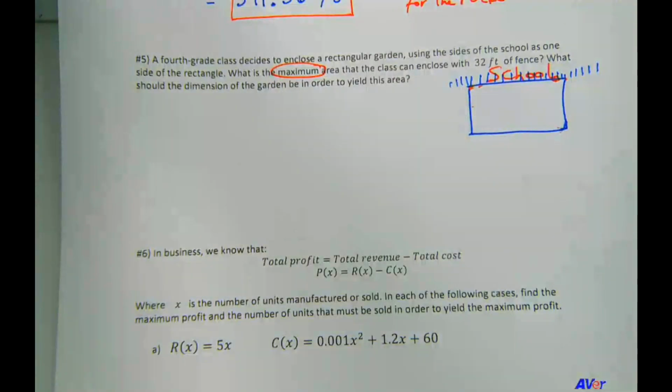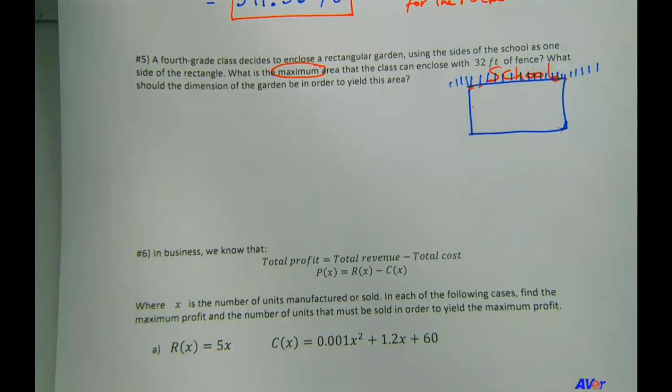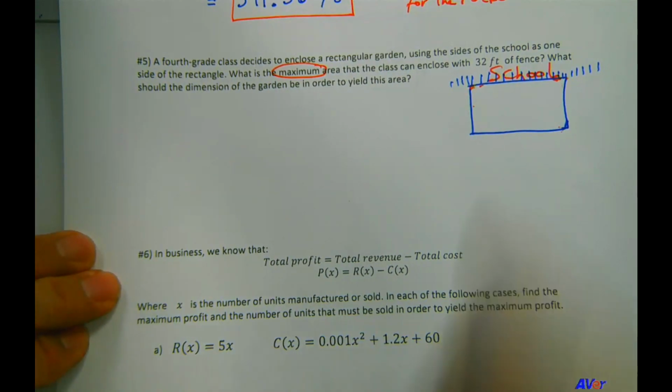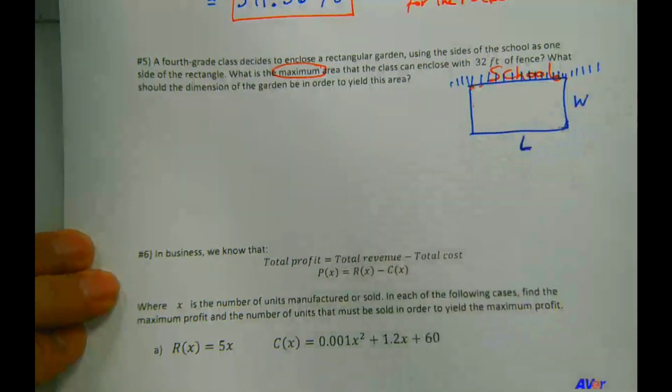Okay, so as I mentioned before, when we solve word problems, we must introduce our own variables. That's one of the parts of the strategy to solve word problems. So let's say that this is the length and this is the width, right?